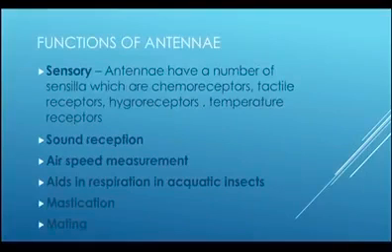It has a number of sensilla like chemoreceptor sensilla, tactile sensilla, hygroreceptors and temperature receptors. Another function of antenna is sound reception. In some insects, they can also perceive sound vibrations.